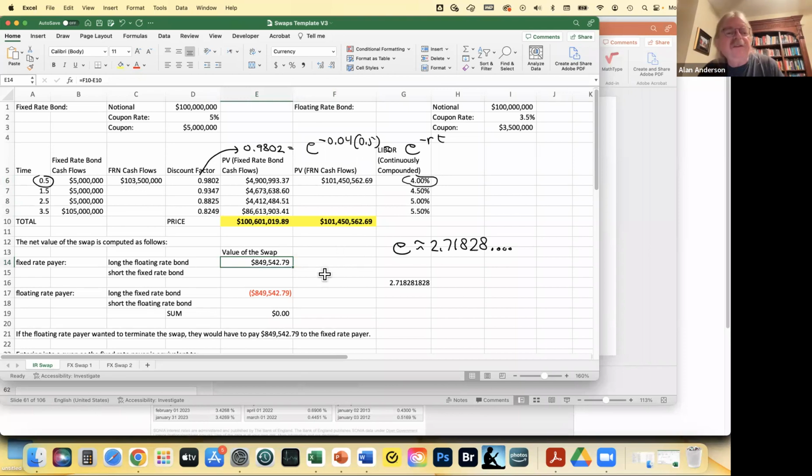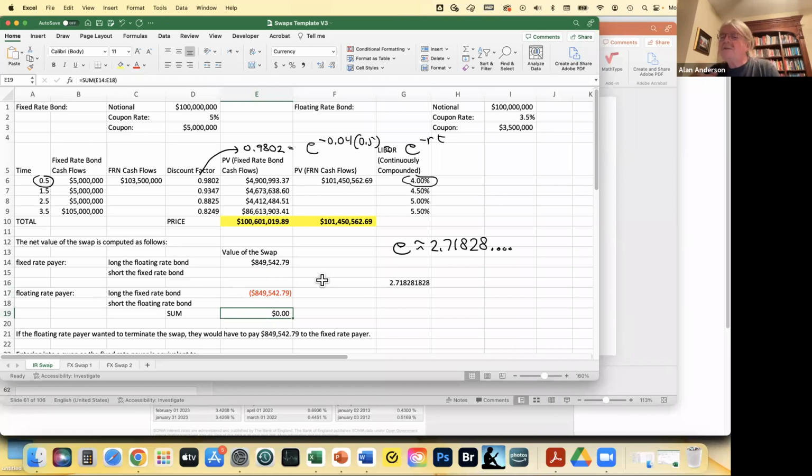Then that means that the floating rate payer is in the opposite position. We don't even have to do any calculations here. It's just the negative of this one. And so these two have to add up to 0. That's why that's there. So in other words, if the floating rate payer approached the fixed rate payer and said, hey, listen, can we unwind this swap? I don't want to do this anymore.